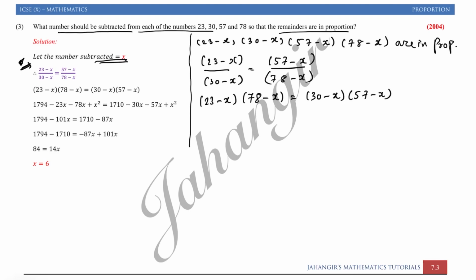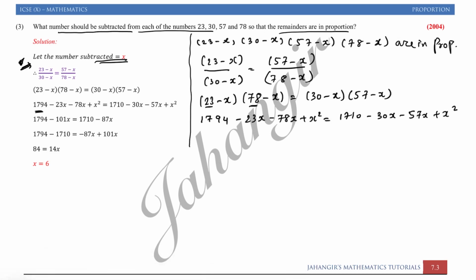Now let's solve. Bracket 23 into 78, you just check the calculation I had done over here. I will just write it down: 1794 minus 23x minus 78x plus x square. 57 3s are 1710 minus 30x minus 57x plus x square.